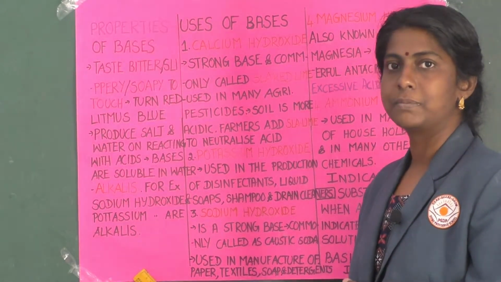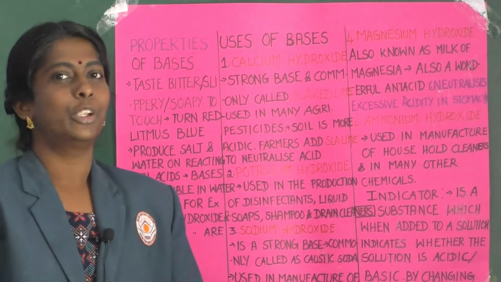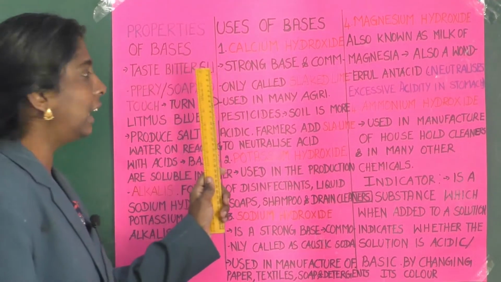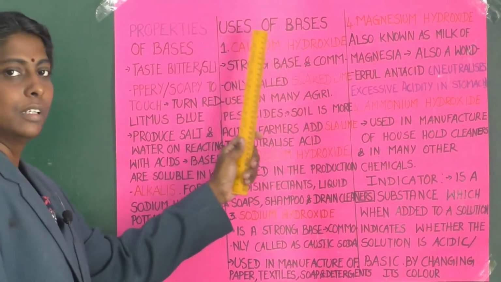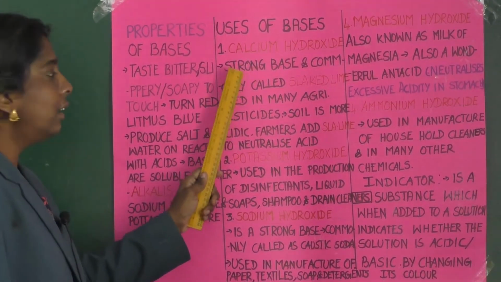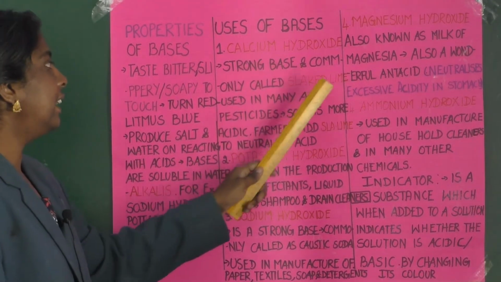Clear, children? Now let us learn about different uses of bases. The first base is calcium hydroxide. It is a strong base and is commonly called slaked lime.